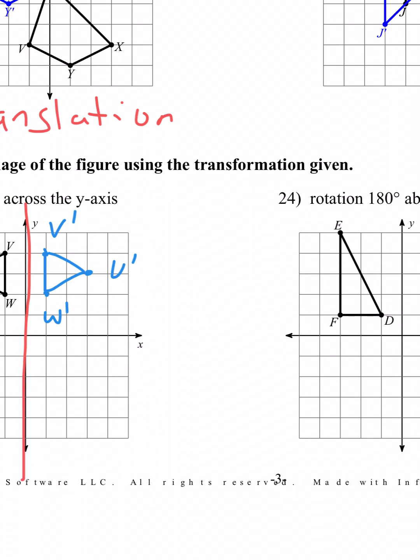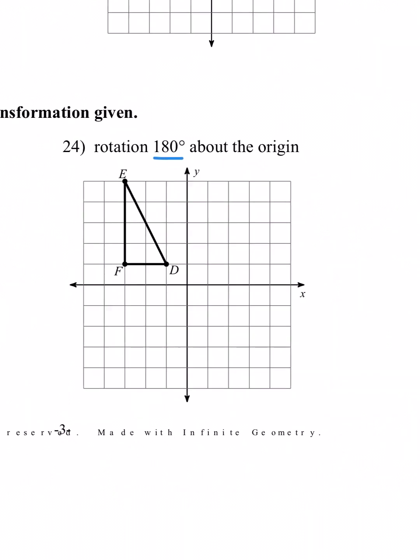Okay? 24, what does it want us to do? Rotate. When you see rotate, what are you going to do? First, you're going to figure out how much it wants. 180. Now, what am I going to do? Right, you're going to pick which formula you're going to use.